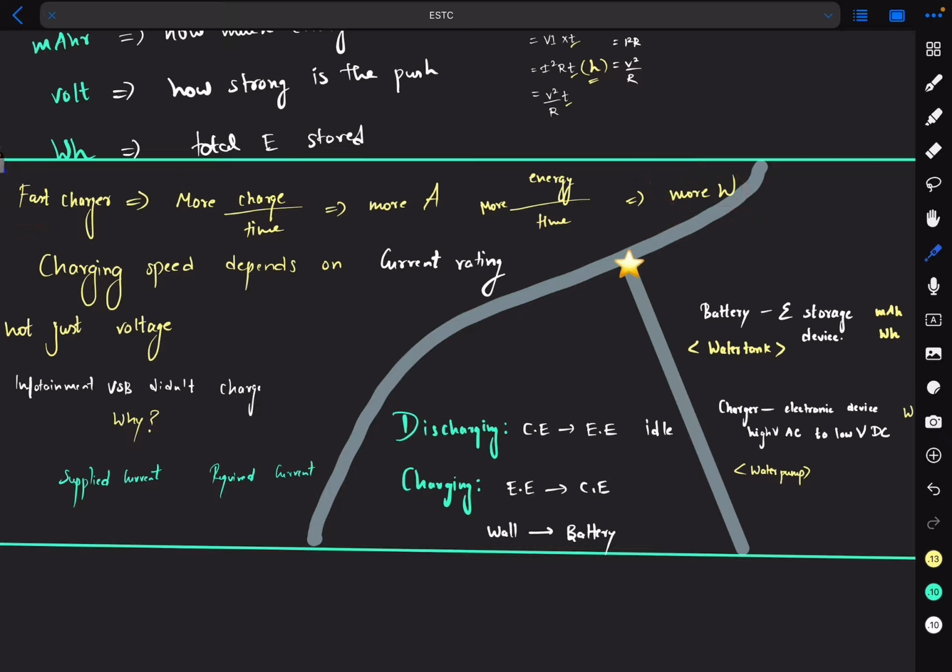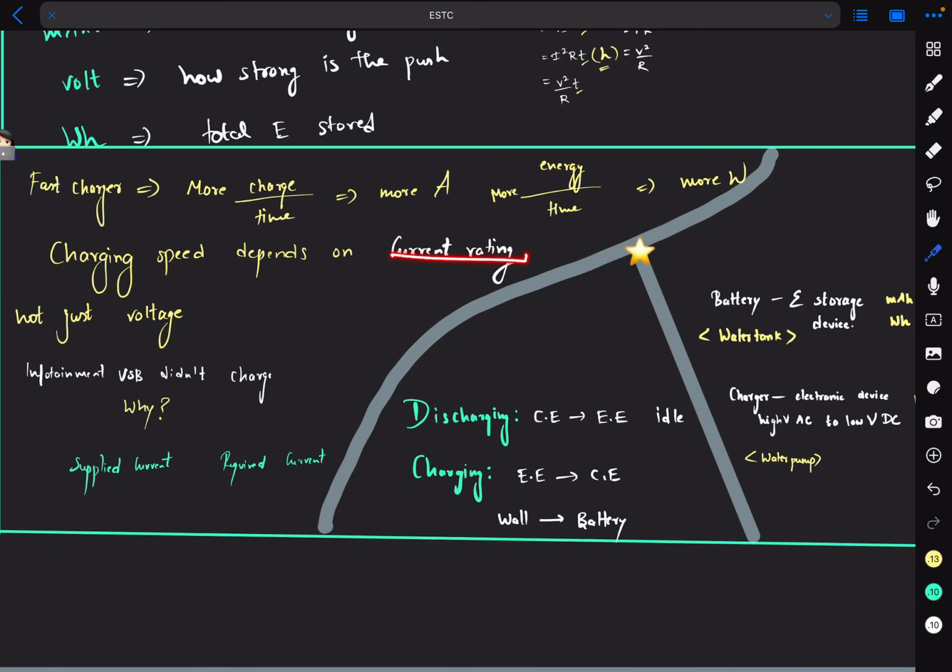The current rating is something like 5 ampere, 7 ampere, mostly 5 ampere. Not just voltage, many chargers connect at 15 volt, like that. So not just voltage, the charging speed also depends on the current rating, because current depends on the number of charges. As the number of charges increases, the speed of the charger increases. So charging speed also depends on the current rating.